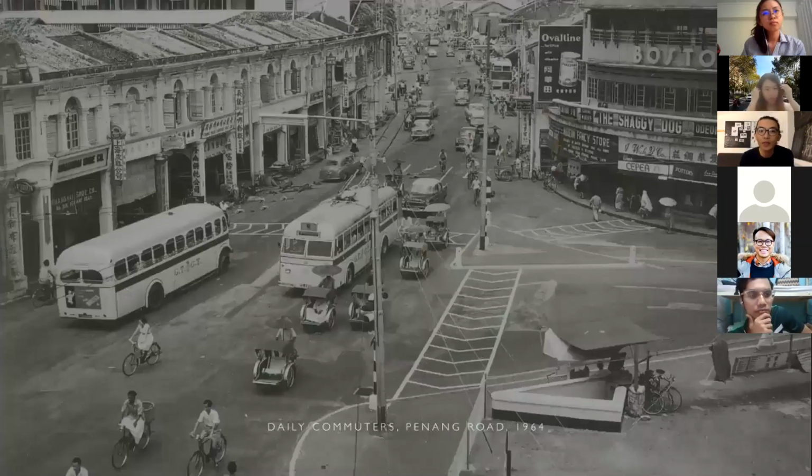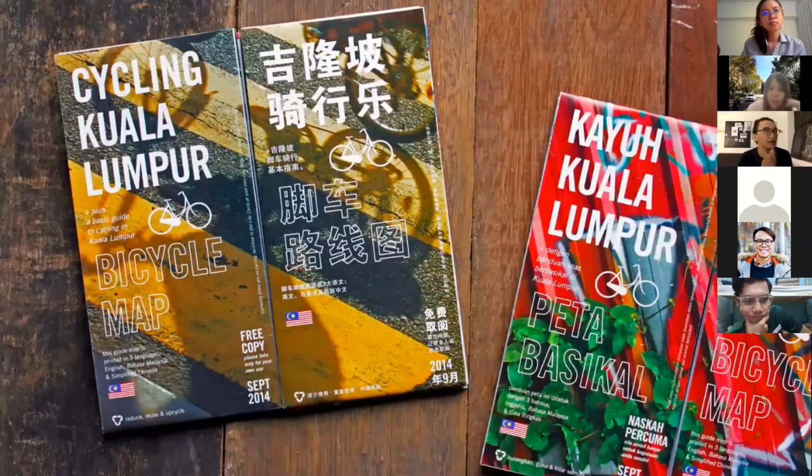It's a map that covers 110 square kilometers, and it maps out all the cycling routes around KL. It's volunteer built, so we collected the data from various volunteers and people on the ground, and we surveyed, and then we made this map.